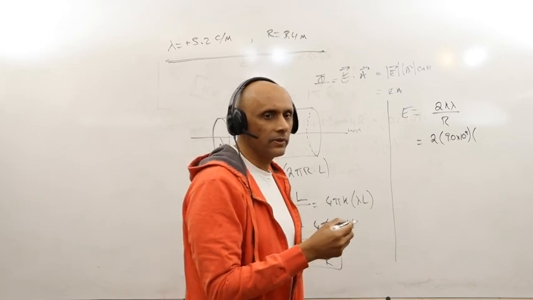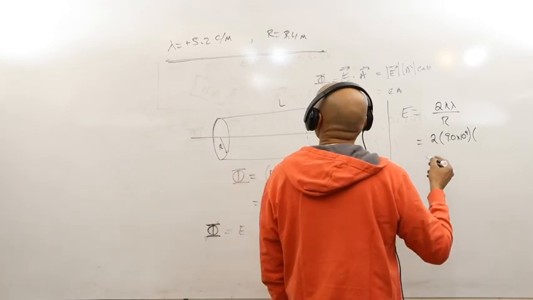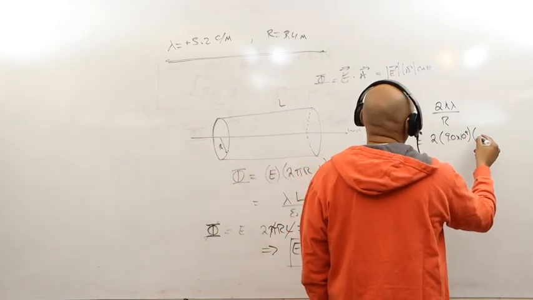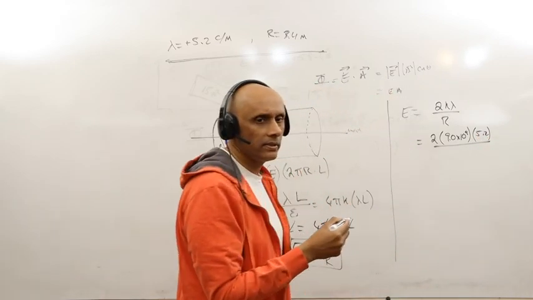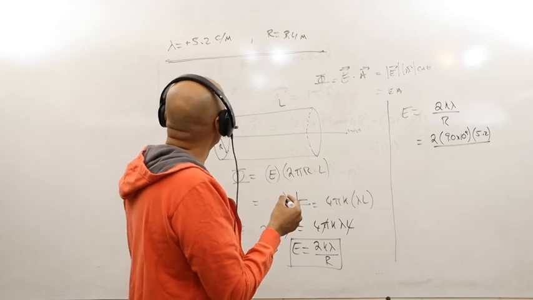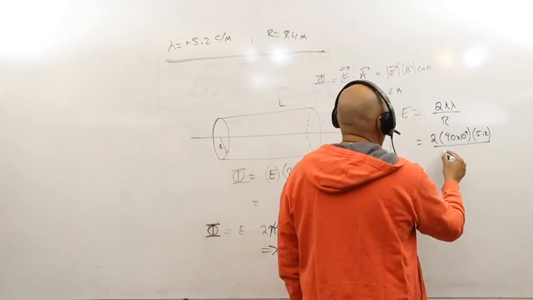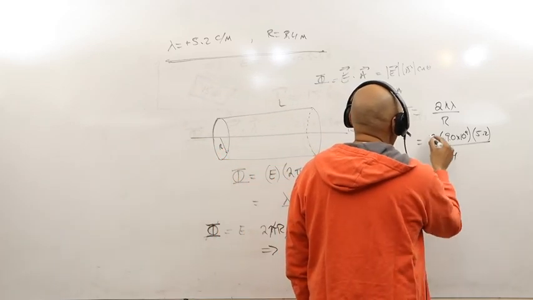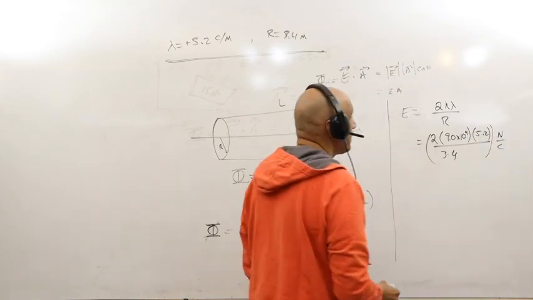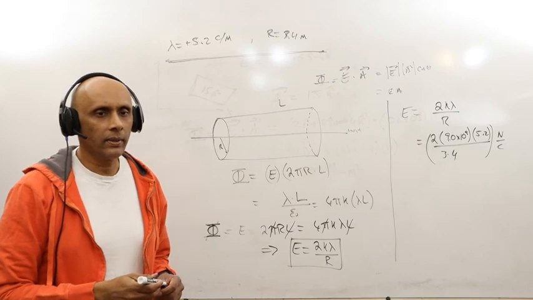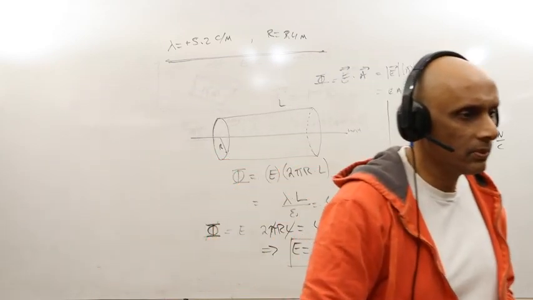That's for earlier classes. Lambda is 5.2 coulombs per meter, divided by a radius of 3.4 meters, again standard units. Whatever this is, the answer is in newtons per coulomb. Okay, so this is question number 5.